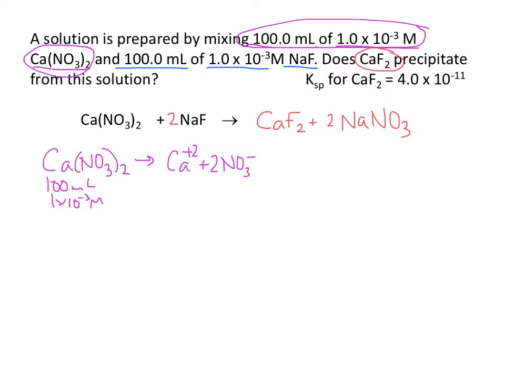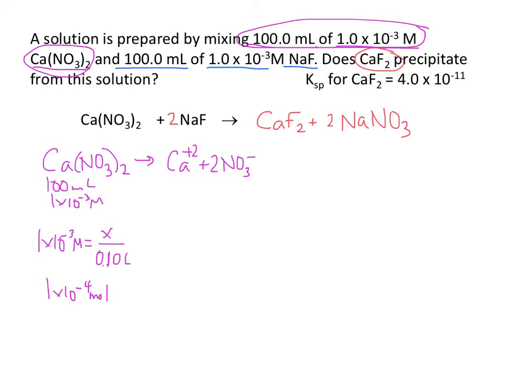Well, since you've got molarity and volume, 1 times 10 to the negative third molar is some number of moles divided by 0.10 liters. So we're going to multiply that, and we end up with 1 times 10 to the negative fourth moles of calcium nitrate in that beaker to start with.